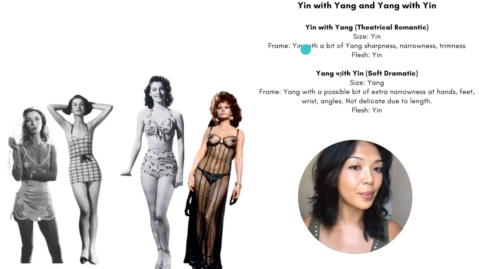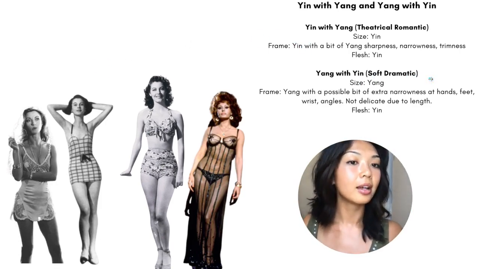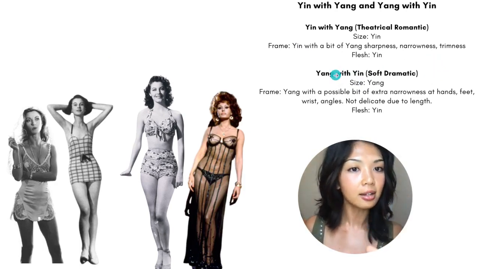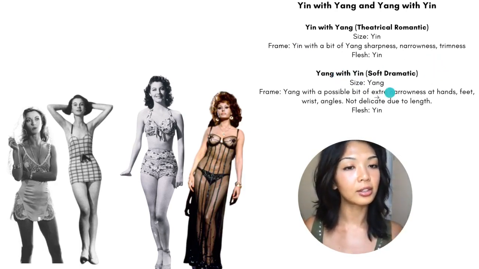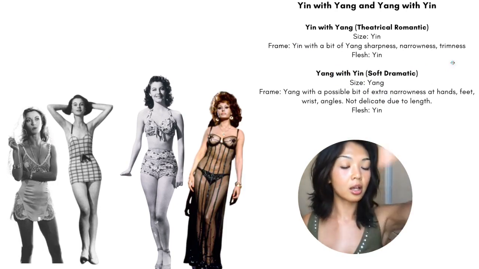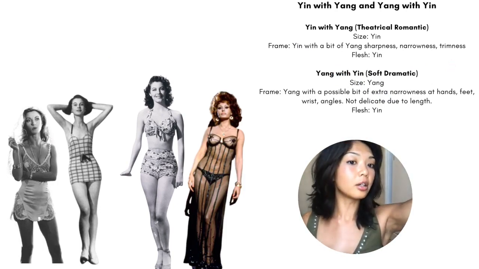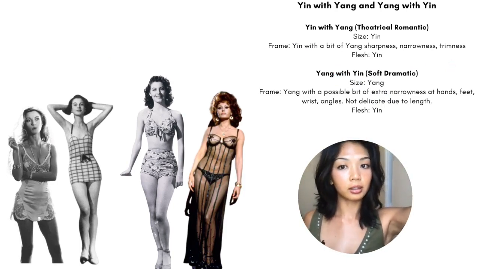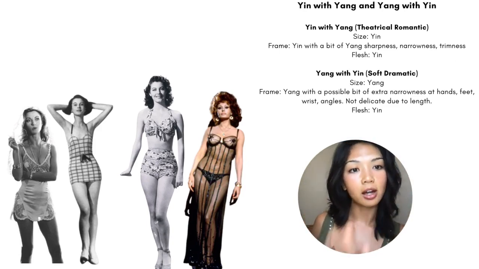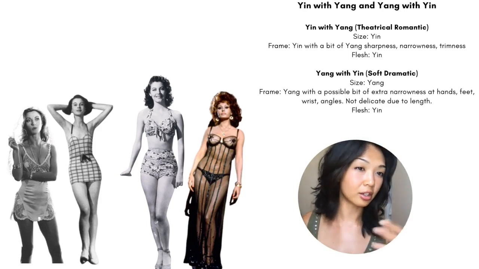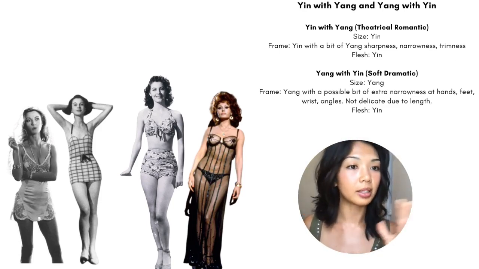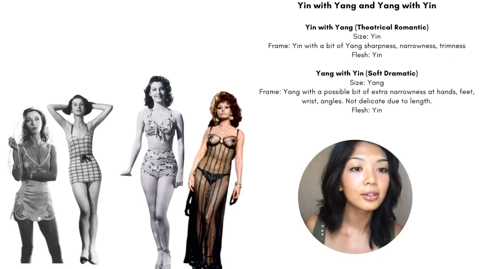All right, so the other member of the dramatic family, the soft dramatics, they are yang with a yin undercurrent. So their size, they're still yang, they're still on the taller or larger looking, more grand kind of scale. Their frame is yang with possible bits of extra narrowness, maybe at the hands, the feet, the wrists, and the ankles.